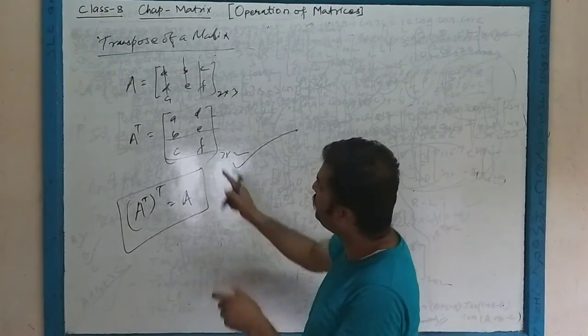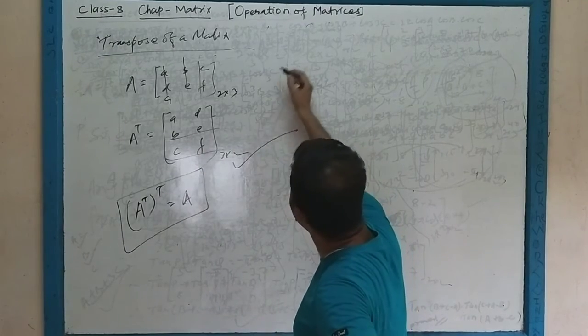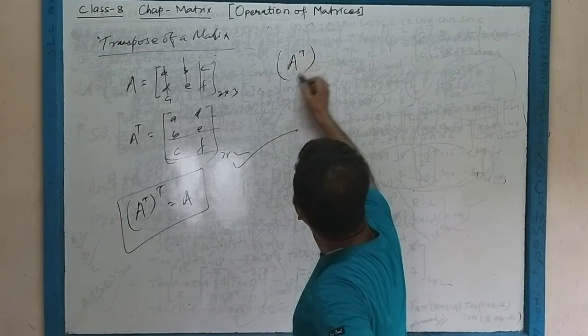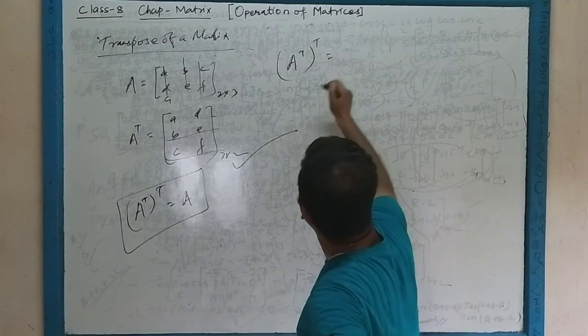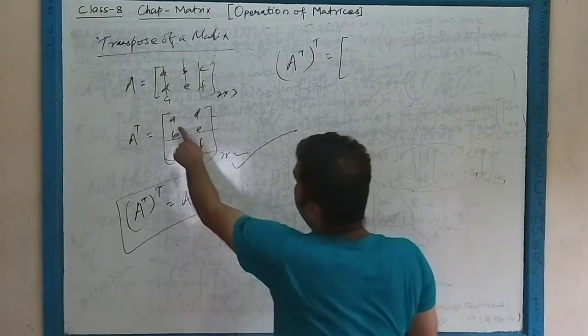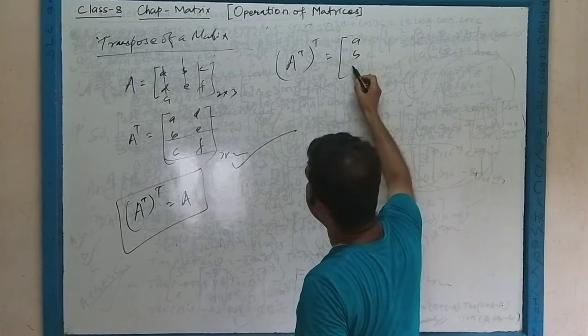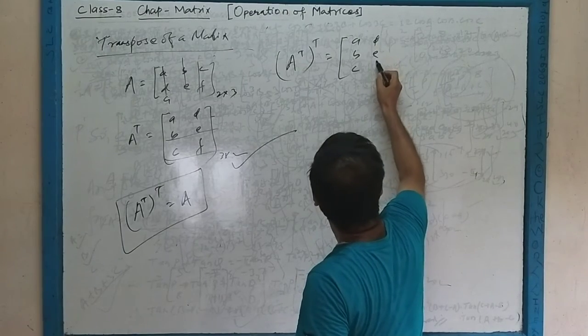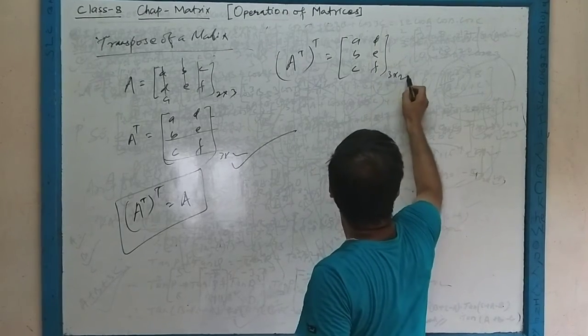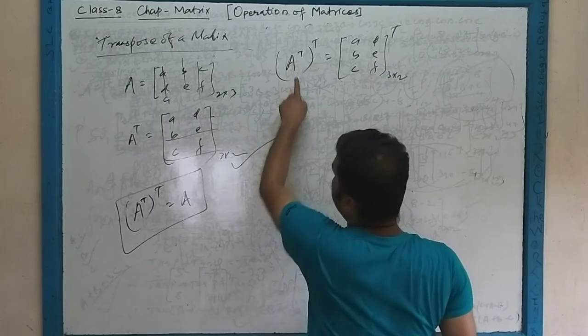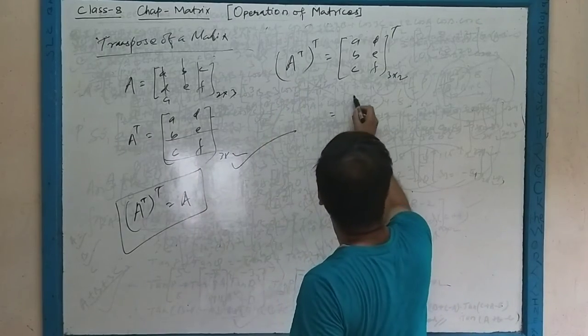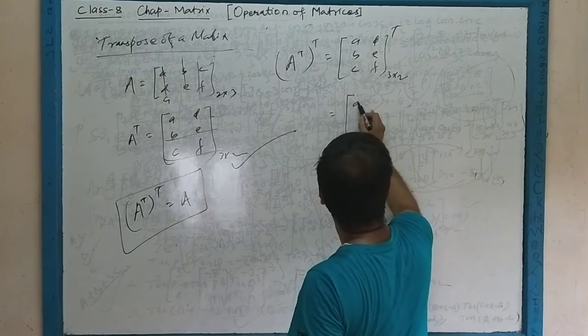So we have already found the transpose. Let's find the transpose of this again. A transpose, then its transpose. What will happen? The value is a, b, c, d, e, f, 3 rows by 2 columns, because this is the value of A transpose. So what will be the answer? First row becomes first column: a, d.